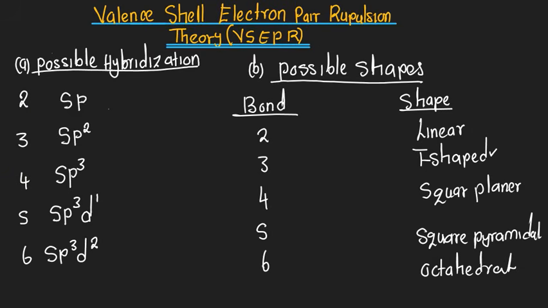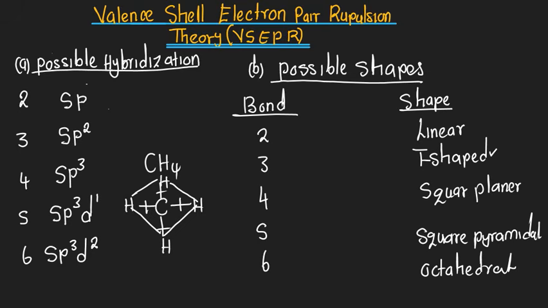How about if you have 4, let's say methane? You have this hydrogen here, the hydrogen there, hydrogen there, hydrogen there. This bond, this bond, this bond, this bond. What do they form? They form a square planar. This is more like a square.